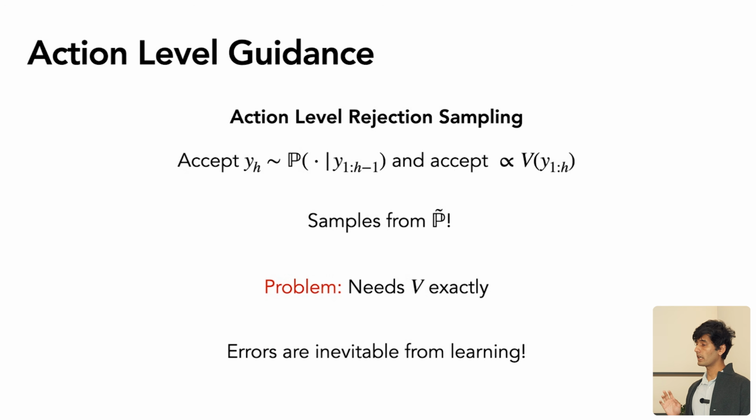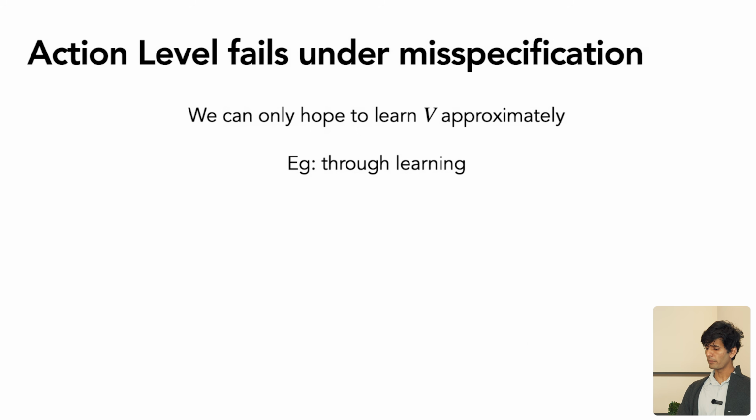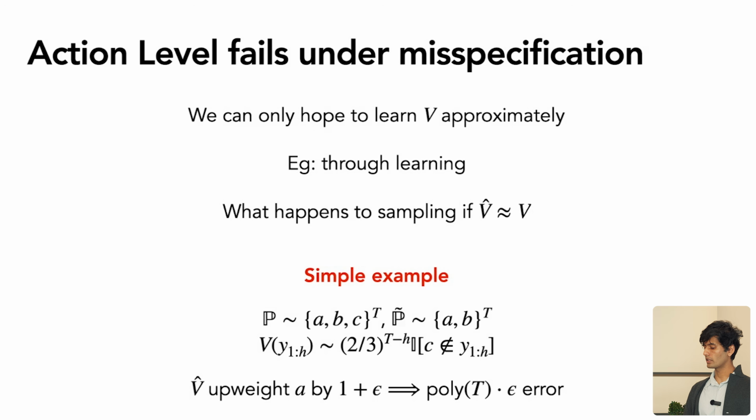And perhaps you can hope that the algorithm that we wrote down is robust to misspecifications in a way that does not let Horizon creep into our bounds. But it turns out that this is not true, and again this is easy to imagine.